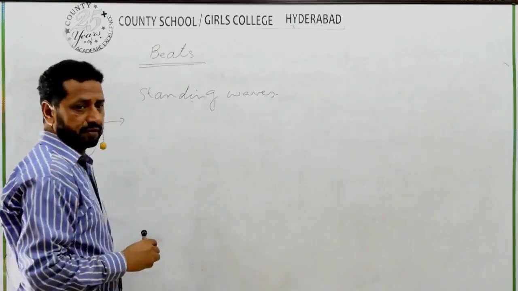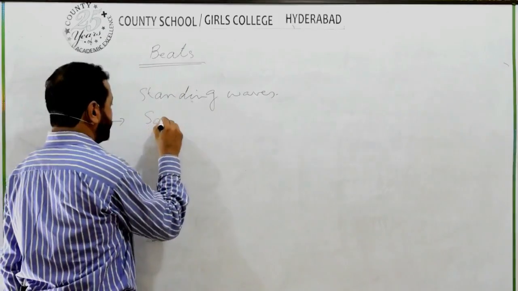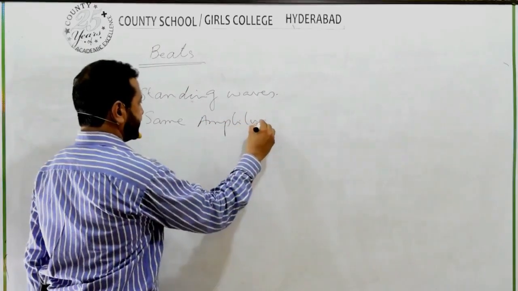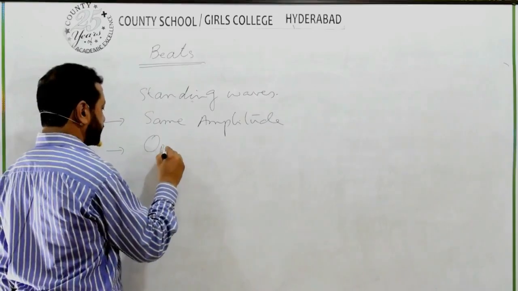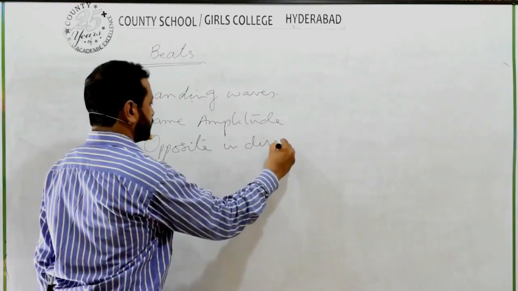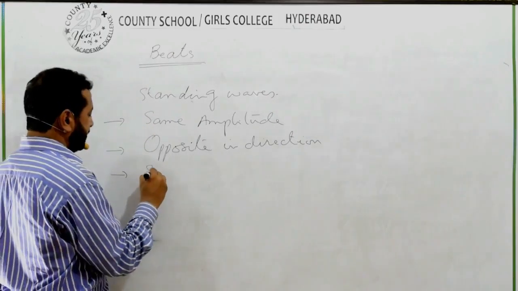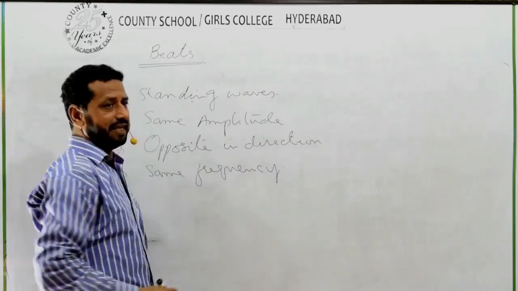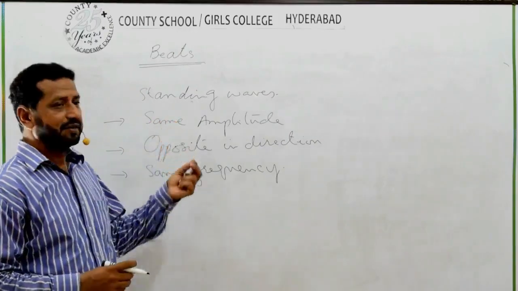So, dear students, standing waves are produced when waves have the same amplitude, opposite direction, and same frequency; when they combine, they produce standing waves.